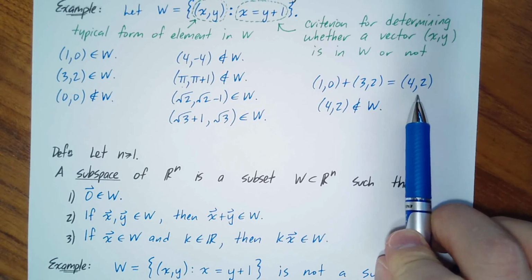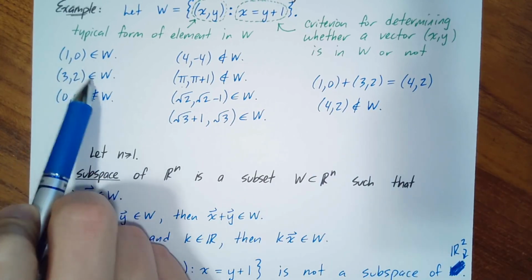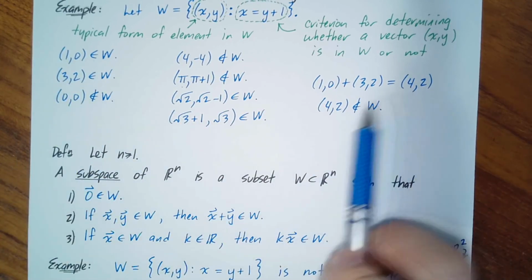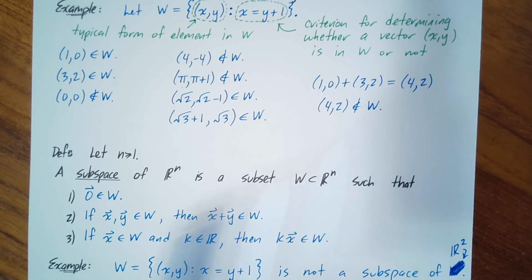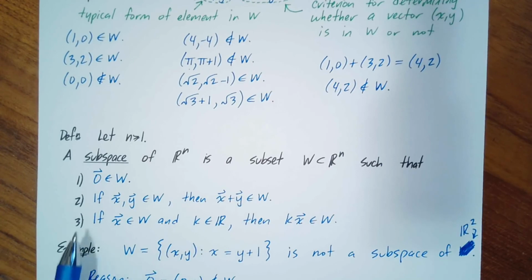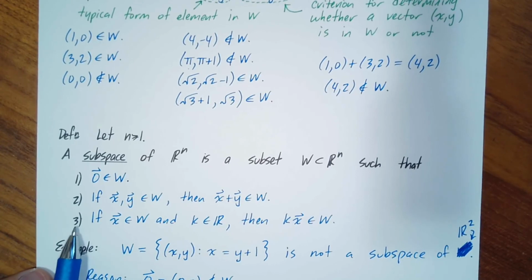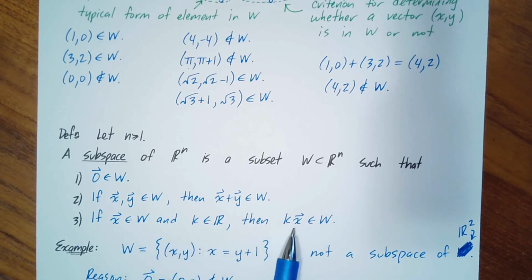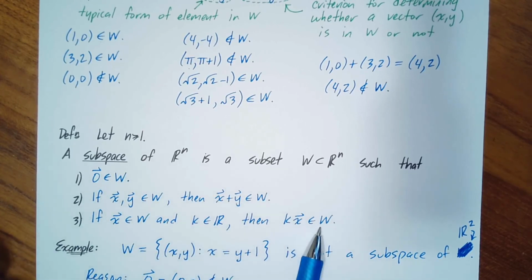So we found vectors x and y, which are both in W, but their sum is not in W. That's what it means for statement 2 to fail. And we can similarly show that statement 3 fails. All we need to do is find at least one vector x in W and some real number k such that when you multiply that vector in W by the scalar k, the result ends up not being in W. In other words, this statement fails. That's what it means to show that the third statement fails.